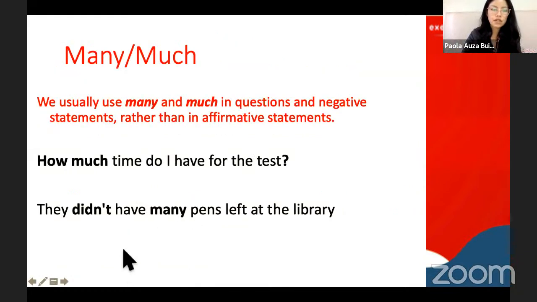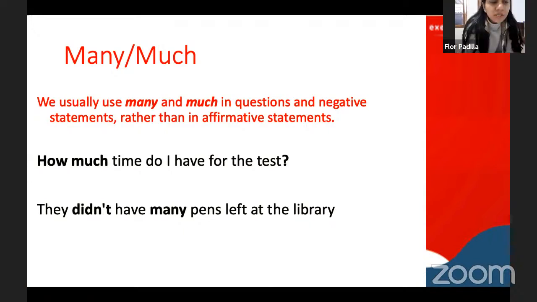All right, and to finish this, we usually use many and much in questions and negative statements. It's not a rule, but usually we use them in questions such as this one or negative statements. Could you read it, please? How much time do I have for the test?